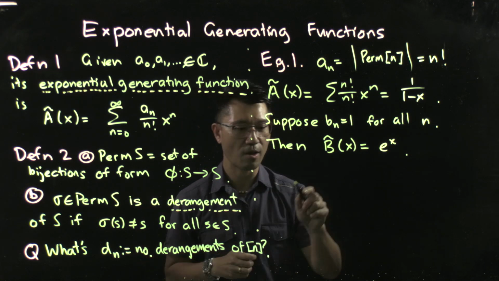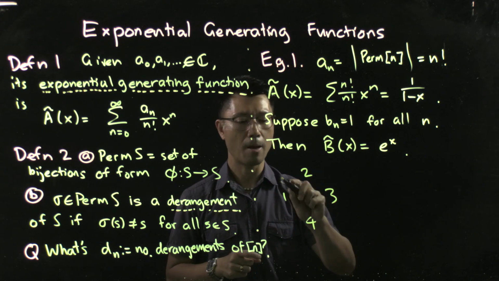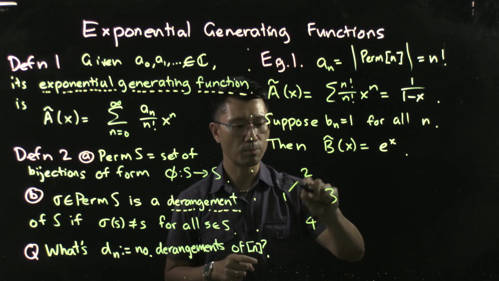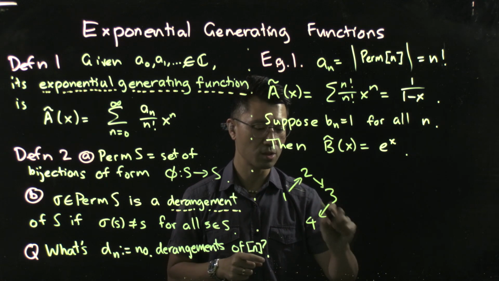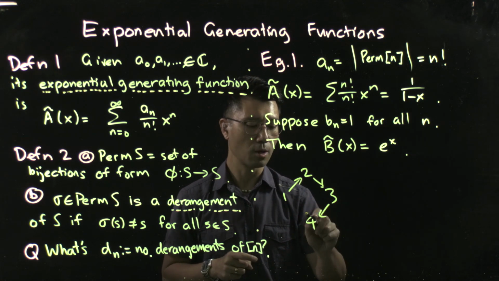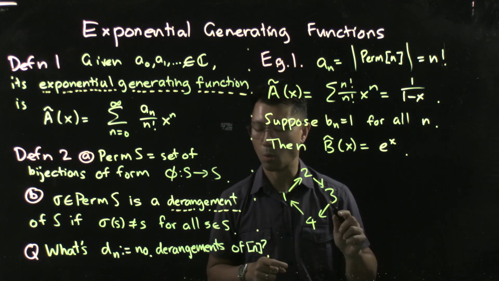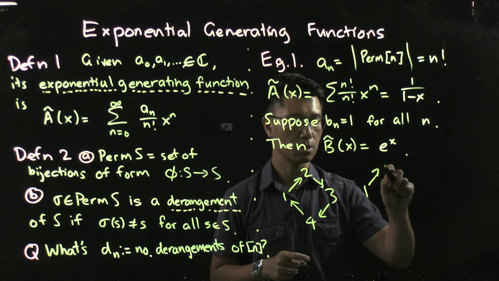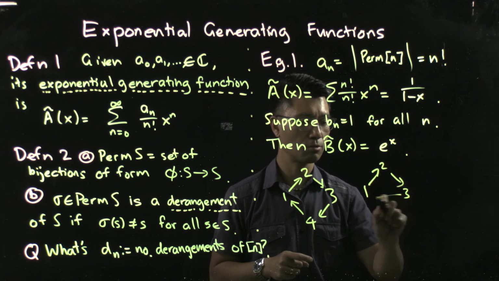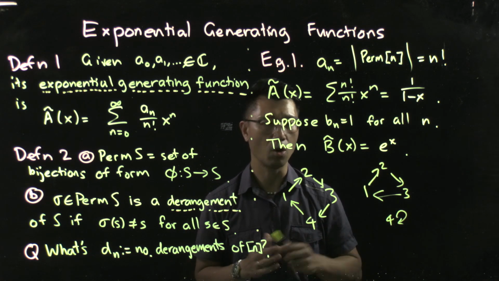So for example, if you have 4 people, 1, 2, 3, 4, maybe person 1 gives a present to person 2, person 2 gives a present to person 3, person 3 gives a present to person 4, and person 4 gives a present to person 1. But one thing that you don't want, for example, is something like this: 1 goes to 2, 2 goes to 3, 3 goes to 1, and 4 buys a present for him or herself.